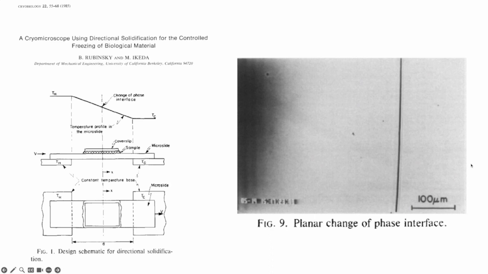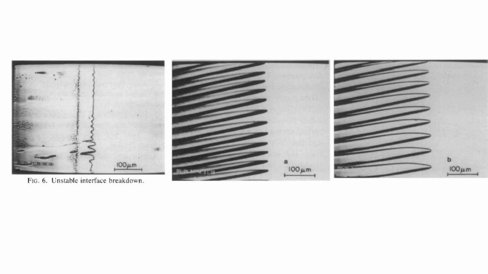However, as you keep pushing the slide, you suddenly see that the interface changes form. Although the problem is still one-dimensional in heat transfer, a perturbation occurs on the change of phase interface, and dendritic, spicular structures form.